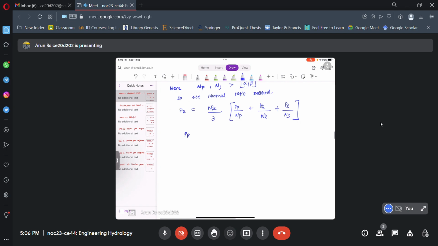So here we have 80 by 3 into 70 by 90 plus 75 by 65 plus 105 by 75. So we have the precipitation at the R station as 88.84 centimeters.